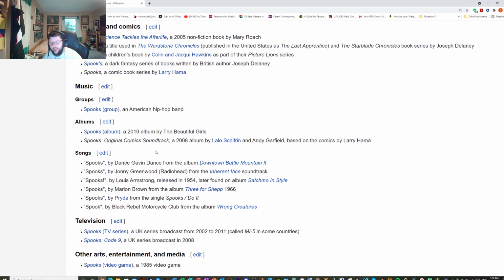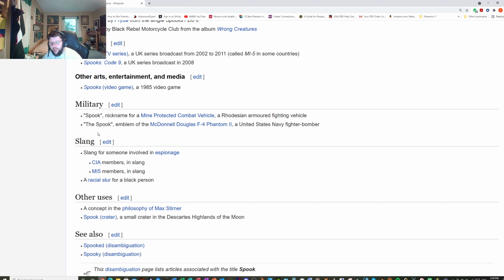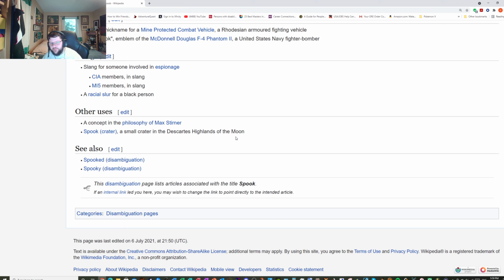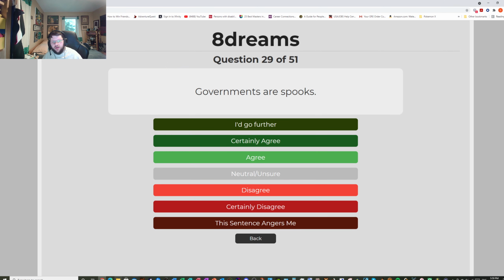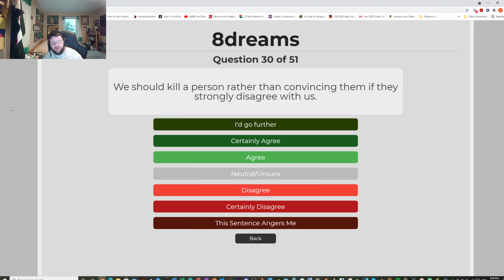Oh, so it's slang for somebody who's like an informant or whatever. Governments are spooks is basically saying governments are like spies, they spy all the time on people. If I think correctly, yeah, I guess if that's the correct interpretation, I'd go for it.